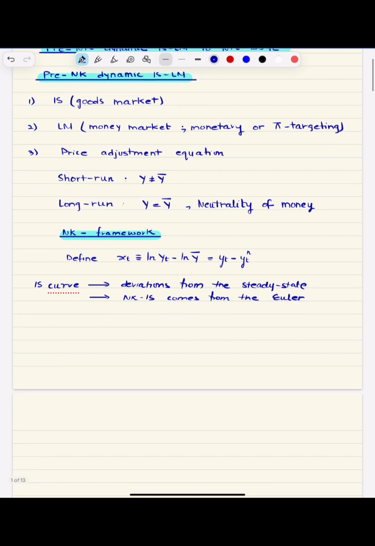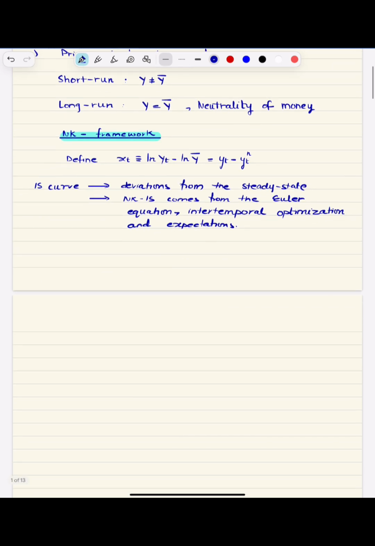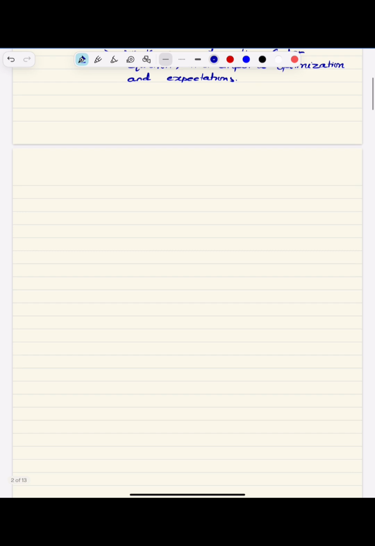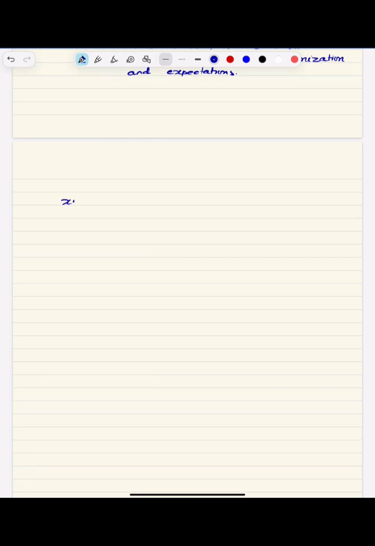It's Euler's equation, which we get from intertemporal consumption optimization. It is actually an infinite horizon dynamic problem, which we will solve in the next lesson. And it also includes expectations. And this is what it looks like. So don't worry about how we got to this conclusion, because that's going to be in the next recording.